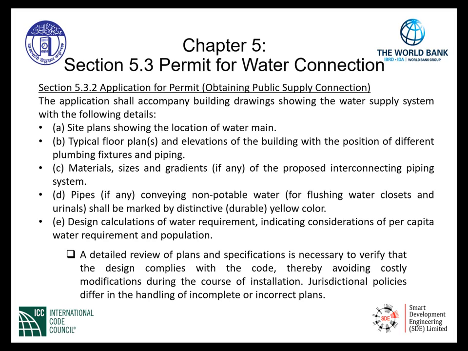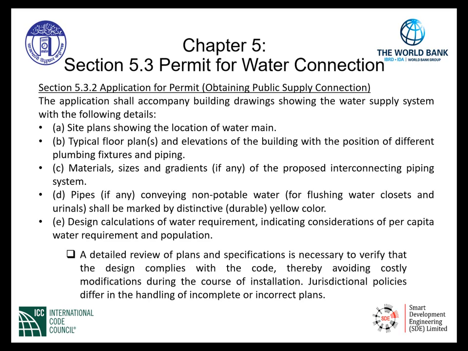Item B, typical floor plans and elevations of the building with the position of different plumbing fixtures and piping. This needs to be indicated on the construction documents, drawings. Item C, materials, sizes, and gradients of the proposed interconnecting piping system.